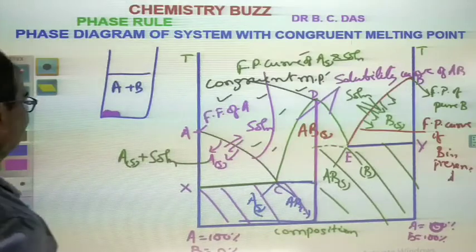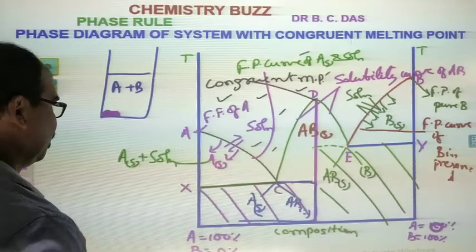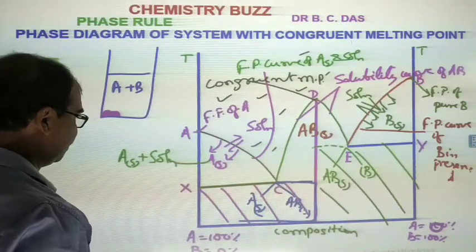Now we will calculate the degree of freedom for different points on the curves.